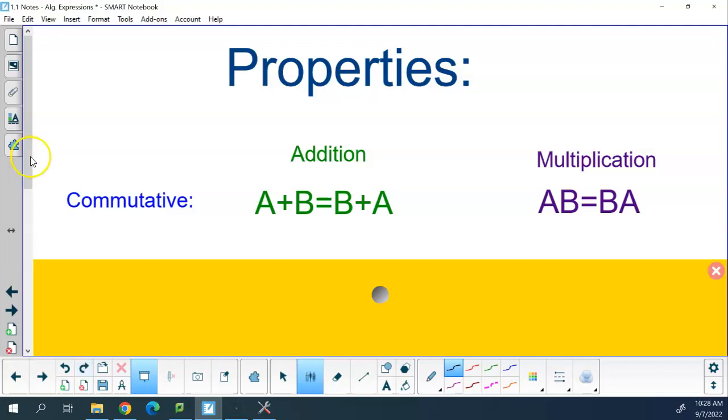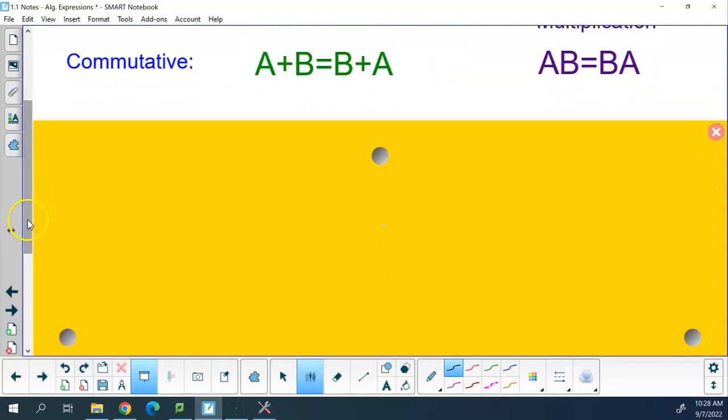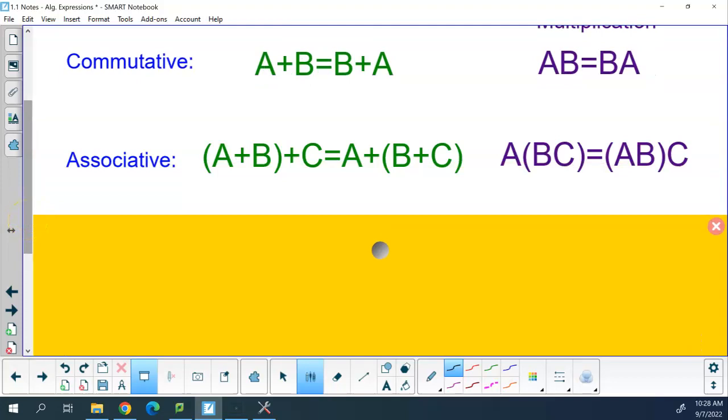The next one is the associative property. The associative property says that if you've got multiple things going on there, it's kind of like a little commutative property, that it doesn't matter which order, again, you take them in. Okay?